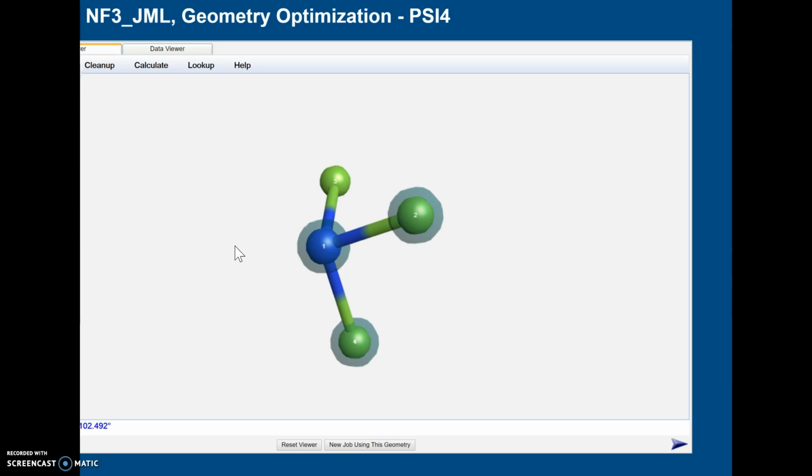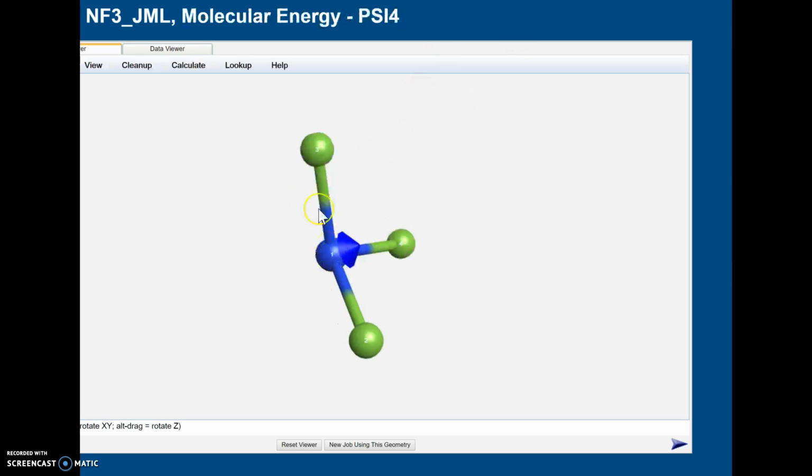It assumes that the repellent force between a lone pair and any given atom is the same, and that's not necessarily the case because all atoms have different electronegativities. So in this case, the repellent force between the lone pair and the fluorine atoms is stronger than VSEPR theory accounted for.